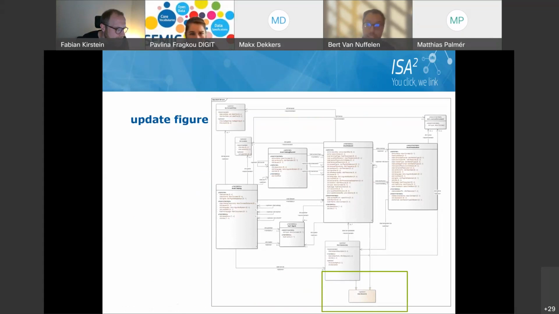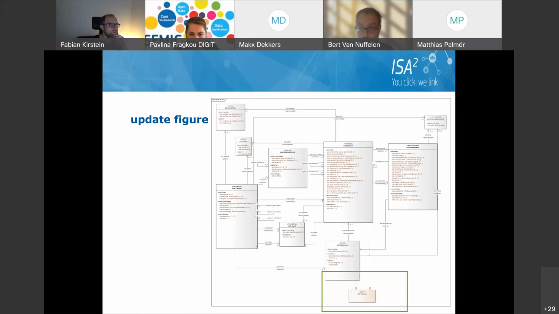Good. Last time we had a long discussion on profiling, and one of the outcomes was an updated figure. In the context of that figure discussion, a point was raised that it would still be nice to have DCAT resource visible, although it is considered an abstract entity for DCAT-AP.